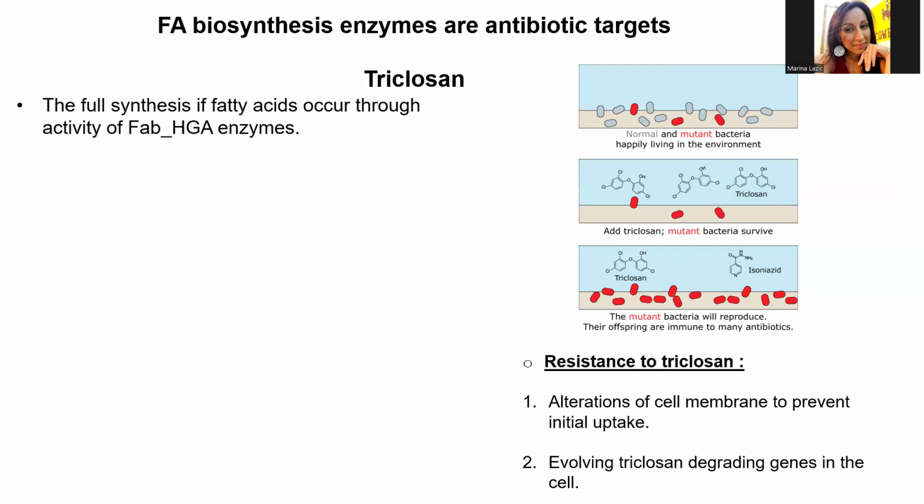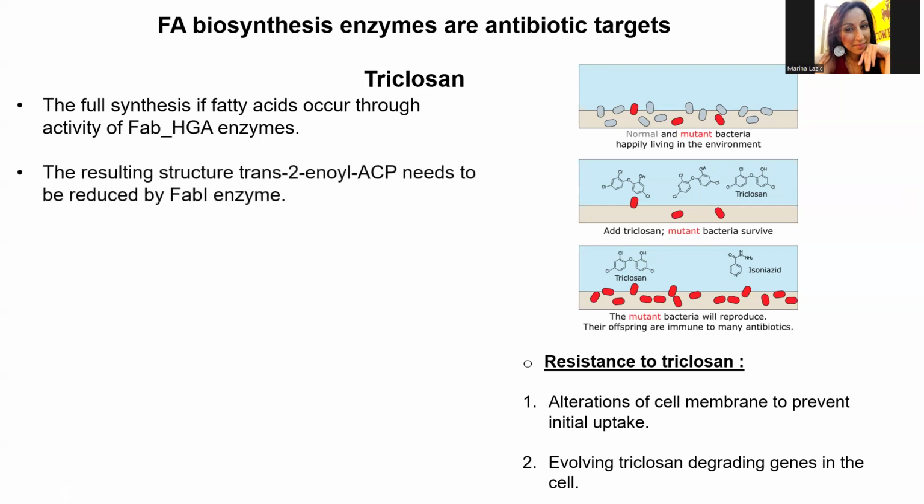Resistance to triclosan happens with bacterial membrane alterations, but what's the mechanism? Again, FabI is the target. The resulting structure that is the substrate for FabI, trans-enoyl ACP, is what FabI will recognize. This FabI enzyme that is expected to reduce trans-enoyl has affinity for NADH.